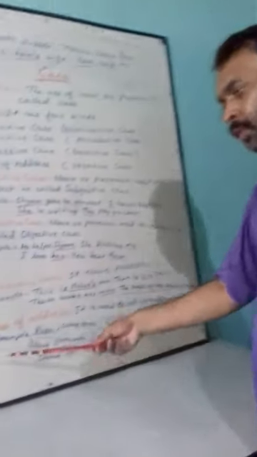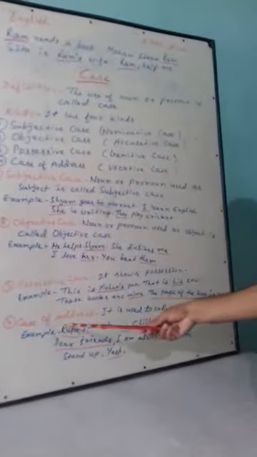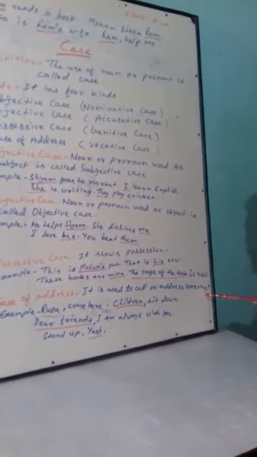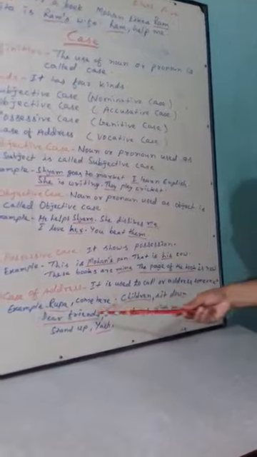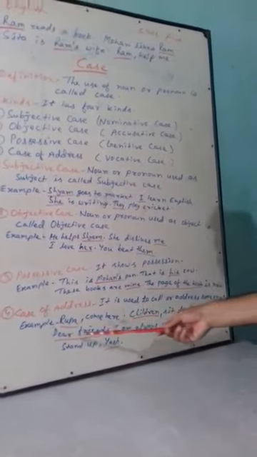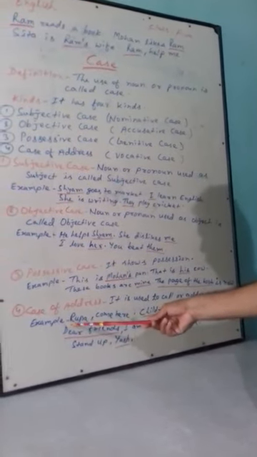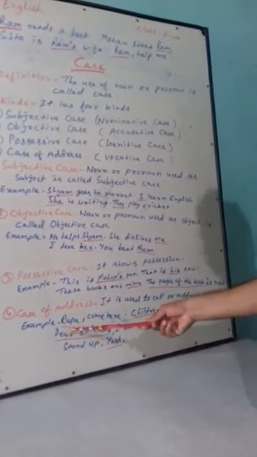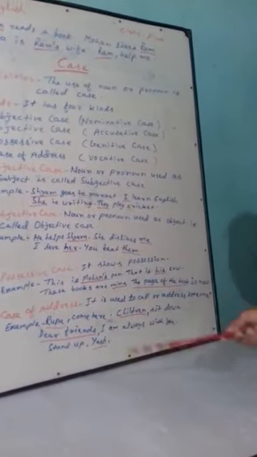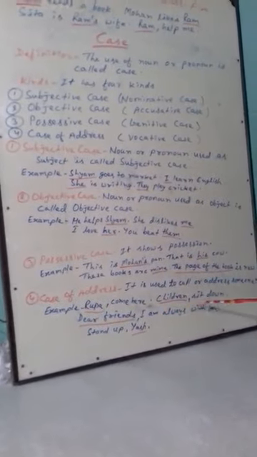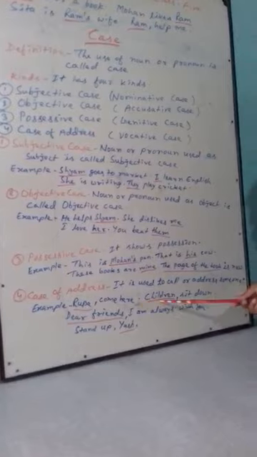Now we should come to number 4, that is the last one, case of address. Its definition is it is used to call or address someone. By example, it will be very clear. Rupa, come here. Rupa has been used to address or call. So Rupa is in case of address. Children, sit down. Here, children.